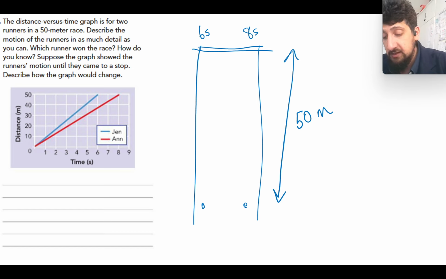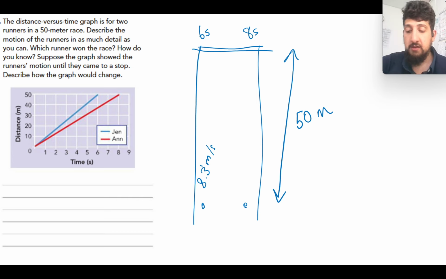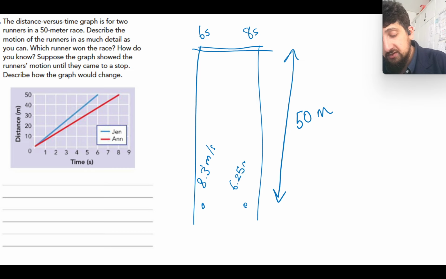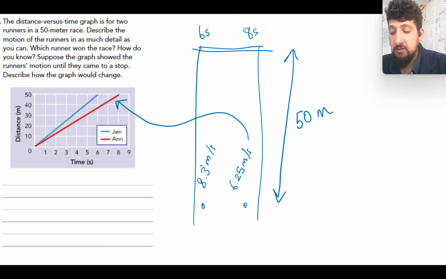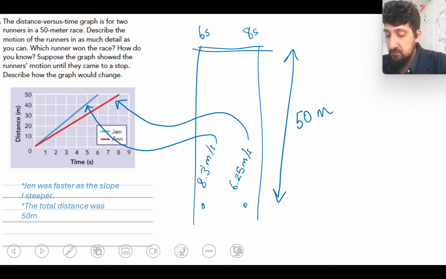So that's her speed, 8.3 meters per second recurring. While 50 divided by 8 is a bit easier to work out. That is 6.25 meters per second. So Anne is obviously slower, and we can see that because her slope is not as steep, whereas Jen's slope is much steeper. Okay, so Jen was faster, the slope is steeper, the total distance was 50 meters.